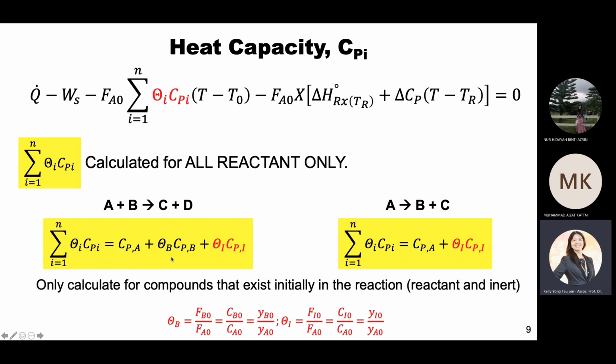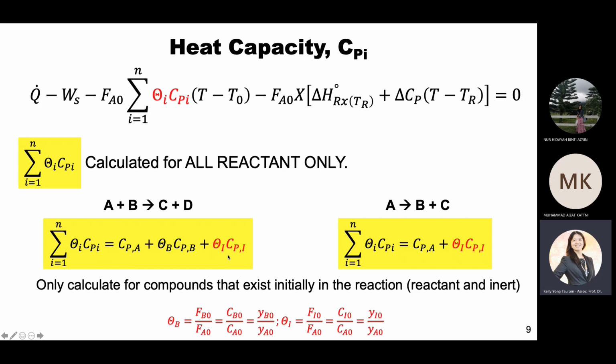So theta B macam yang biasa kamu kira dalam chapter 3, chapter 4, kita dah selalu kira theta B tu. Tapi jangan lupa darab dengan heat capacity of B at constant pressure, and if you have inert. Kalau tak ada inert, kamu tak payah tambah part belakang. Tapi kalau ada inert, plus theta I CPI.